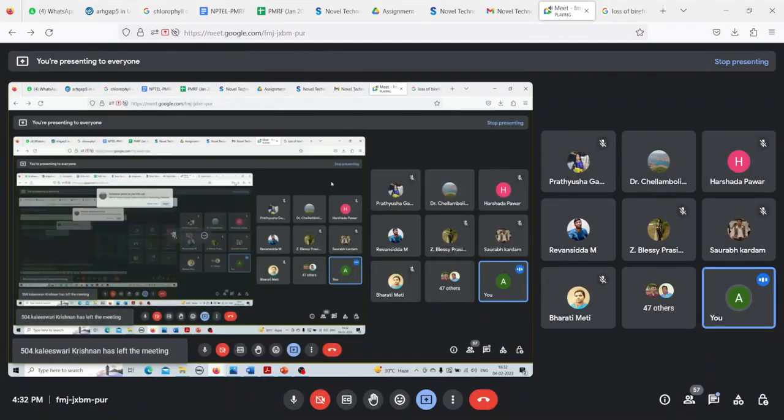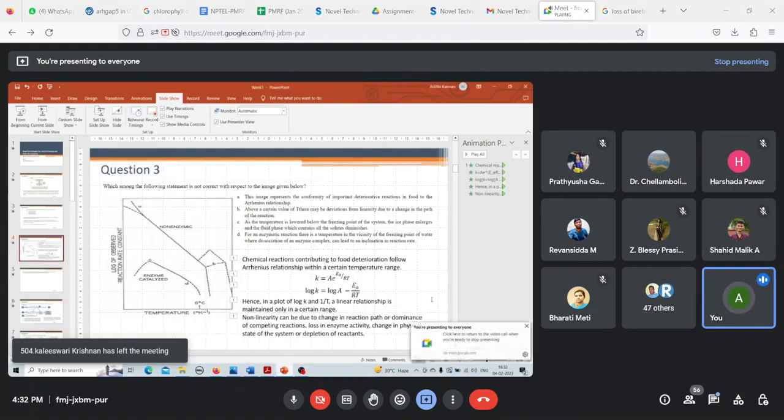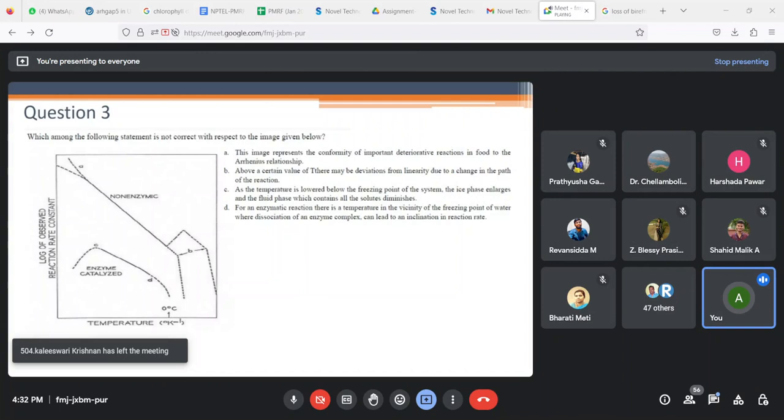But if this happens at a very low temperature, your enzyme is very sensitive to very tiny changes in the conditions. So if the enzyme complex dissociates, this will rapidly result in a declination in the reaction rate. Is this understood? If your enzyme complex dissociates at that low temperature, it will not be able to associate back. So you will have a declination in the reaction rate instead of an increase.